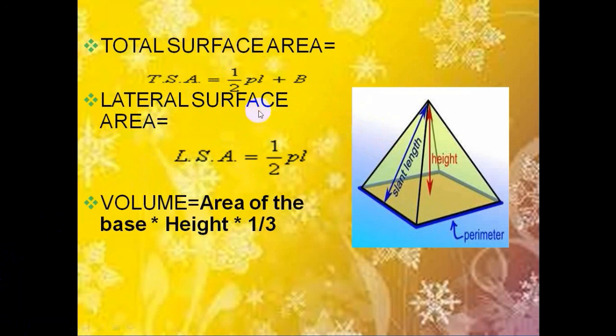The lateral surface area is 1 over 2 P multiplied by the side length. So B represents the area of the base. Now the volume of this figure is area of the base multiplied by height multiplied by 1 over 3.